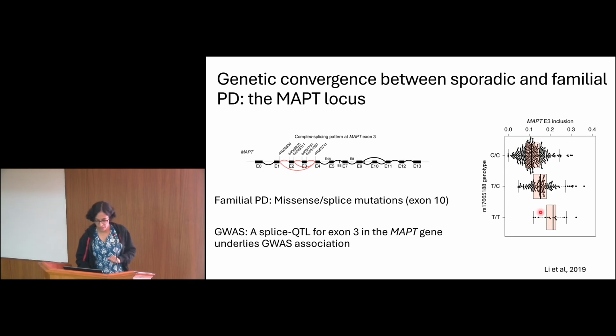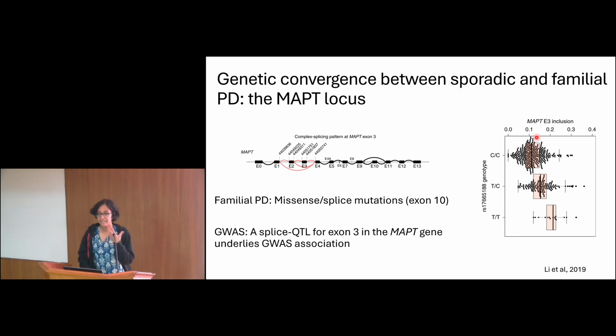Yeah, what they saw here is that having different genotypes or different alleles at this one particular disease-associated position in the genome led to different levels of the inclusion of exon 3 of the MAPT gene.